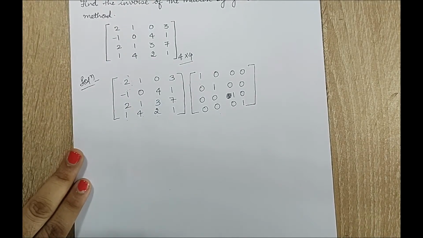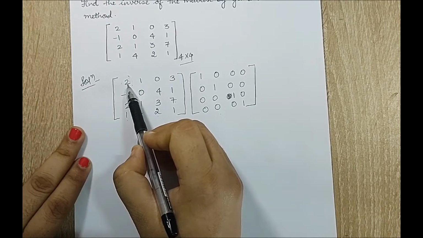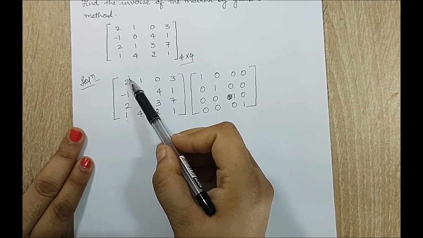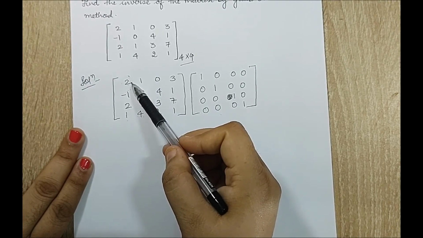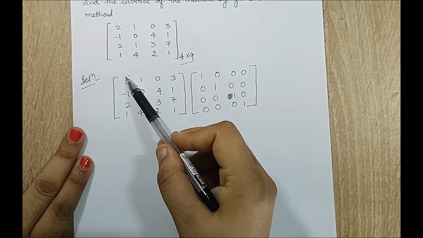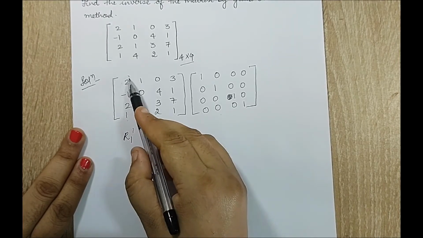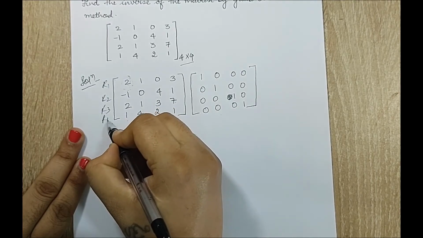So let's start. I will first start with this element. For converting this element into the number 1, I will simply do R1 plus R2. If I add this R2 to this R1, I get 2 minus 1, 1. So I can easily make this number 1. I will write R1 dash, because this initially is R1, this is R2, this is R3 and this is R4.